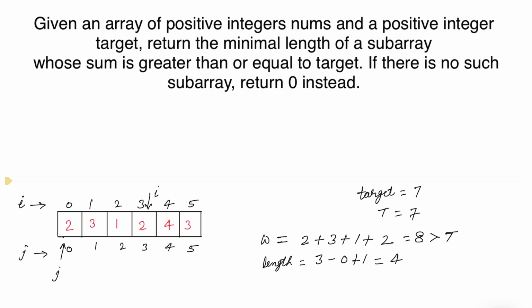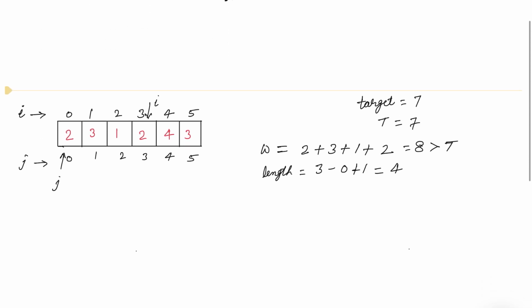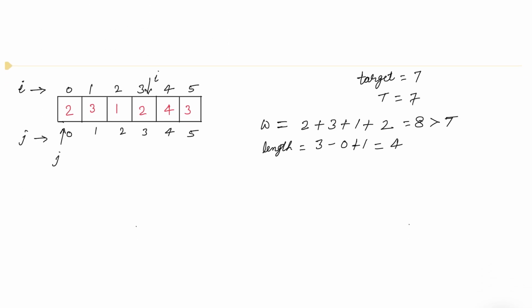See, we have to check the minimum length of the subarray. So what we will do again is remove the first element. Okay, so what will the sliding window sum be? 8 minus 2 equal to 6. This is less than target, and we have to take a subarray, so it should be contiguous.